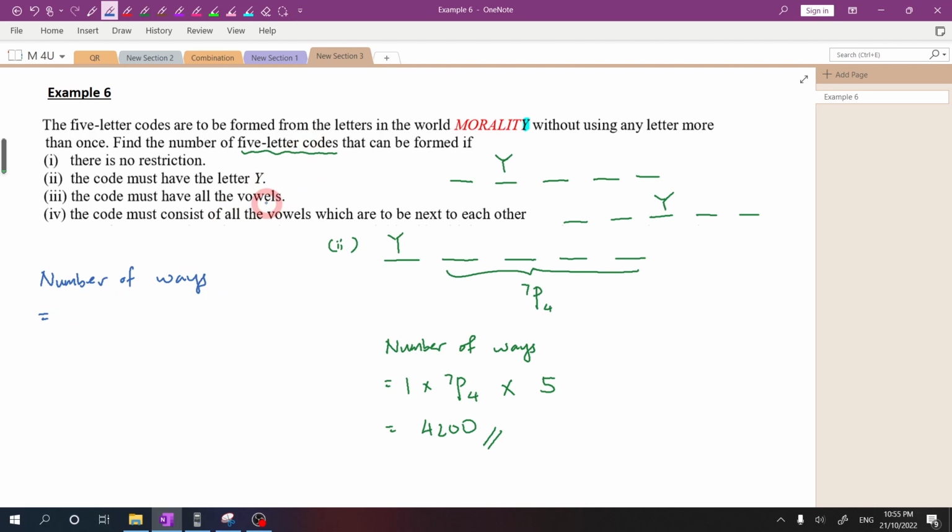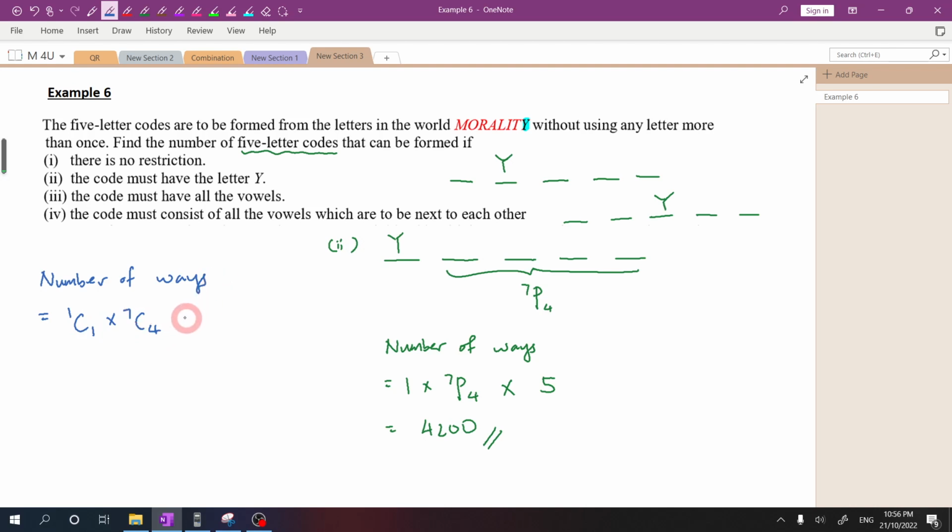Okay, first, I don't want to think about the arrangement, so I will be using C first. 1C1, this is for Y. I choose Y to go in. Then I have 7 letters left. 7C4. You will notice that these two Cs mean that I do not consider the arrangement. The arrangement is not important.